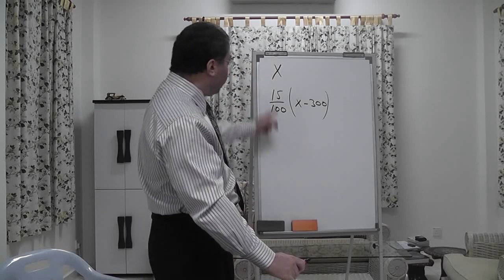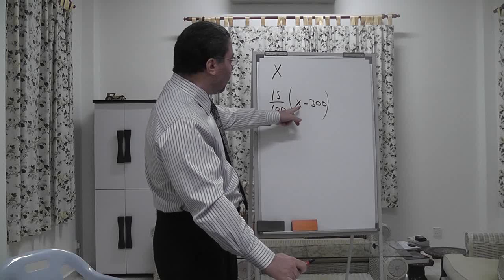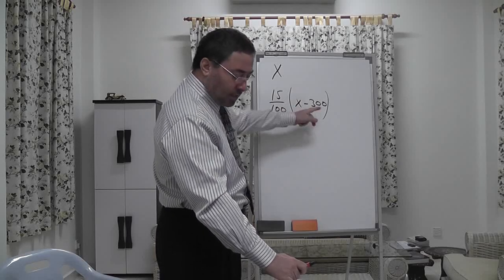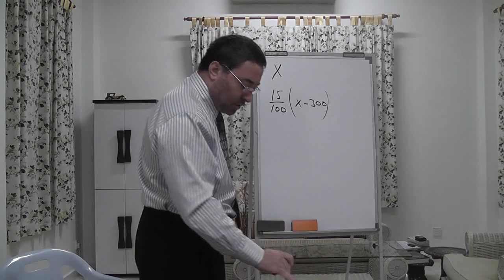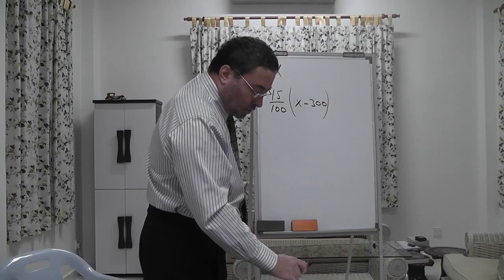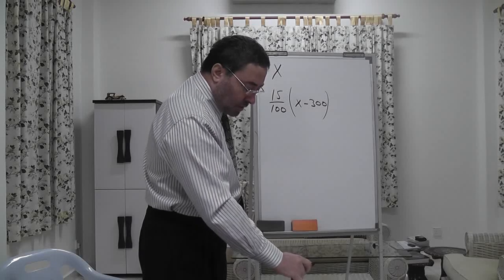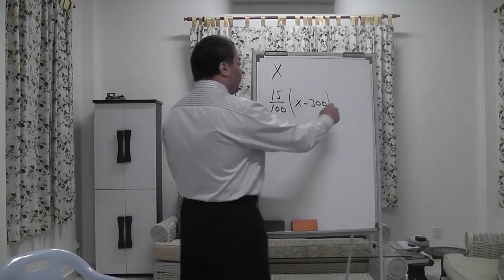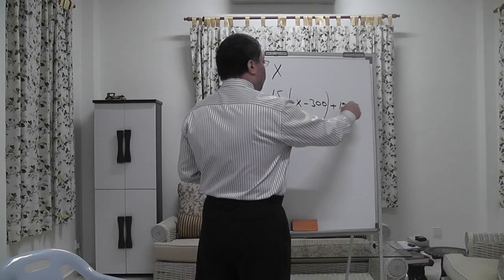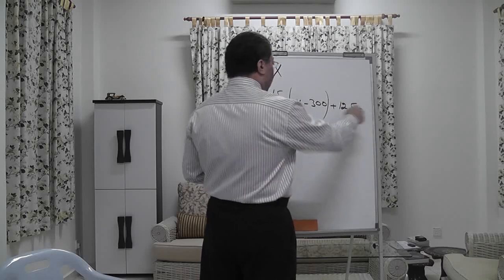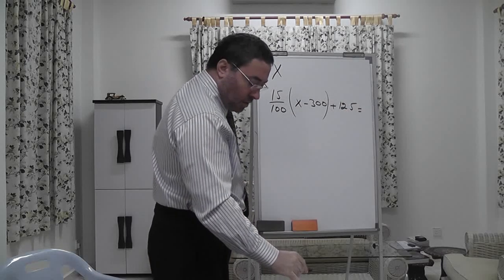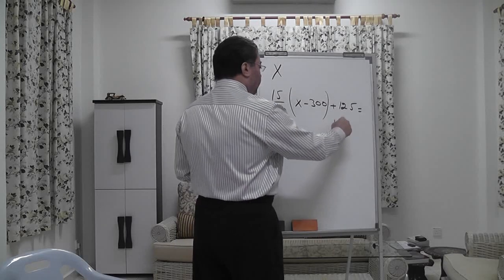Now you can say from the beginning that X is the total sales excluding 300, and then at the end you add the 300 to it. So she earns commission this much on the sales, plus she has a base salary of 125, and she wants the whole thing to be 185.